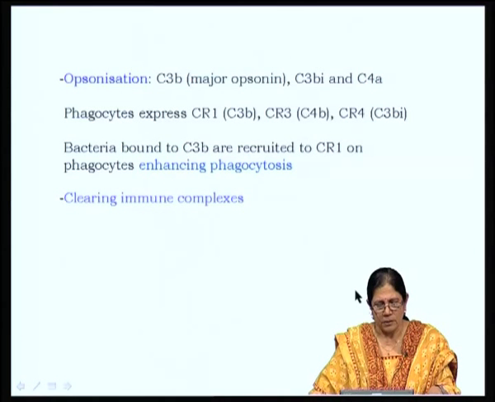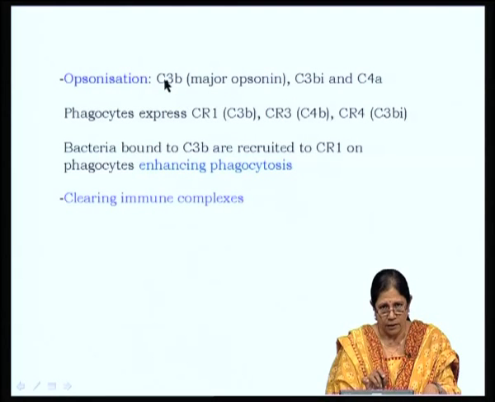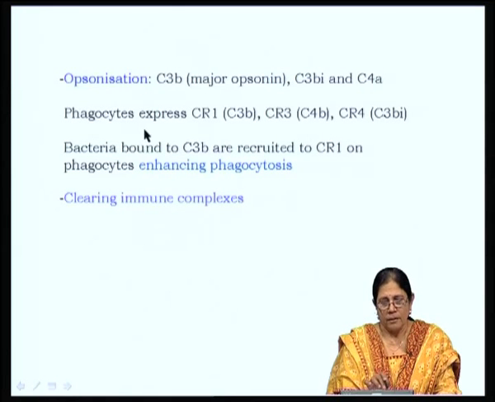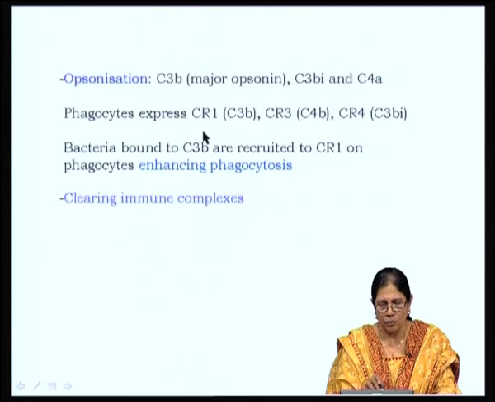Complement components can also opsonize bacterial surfaces, since they bind quite stably to C3b. The opsonized bacteria, which means bacteria that have bound to C3b, can now be recruited to phagocytes, which express complement component receptors CR1, CR3, CR4, the receptors for each of the complement components.